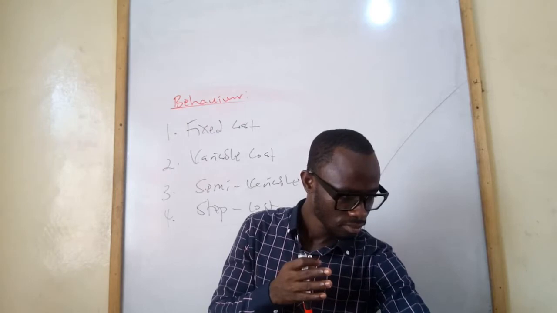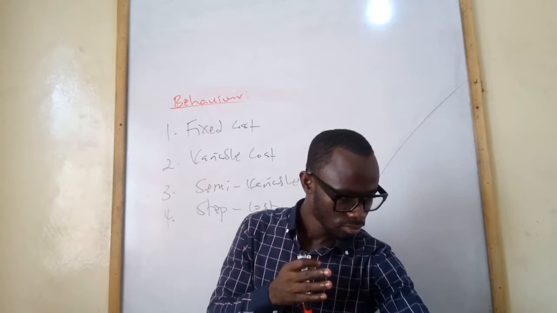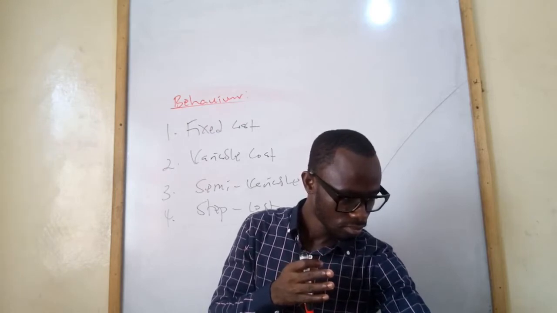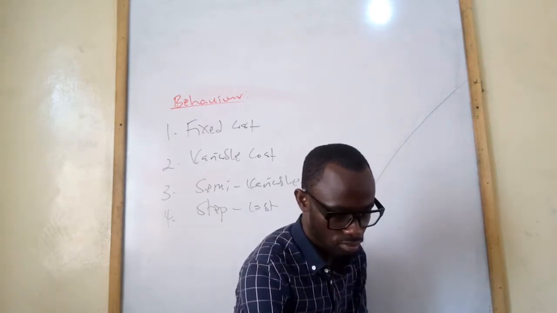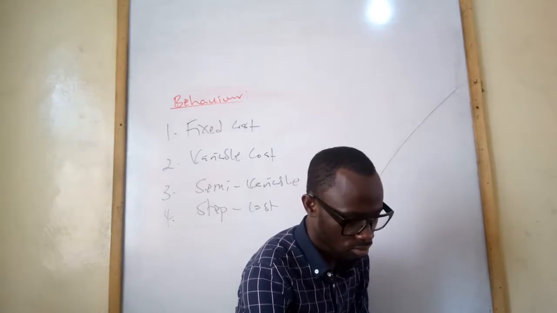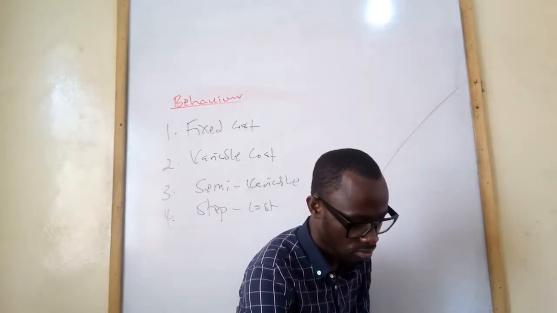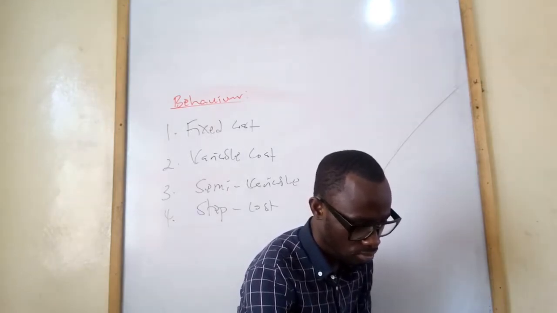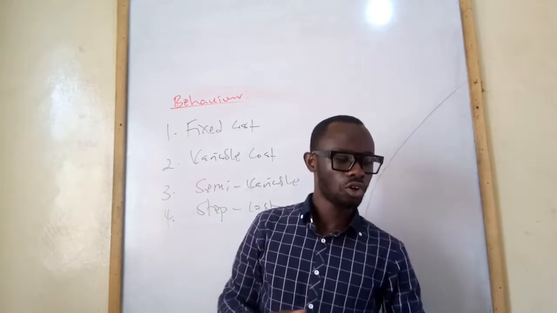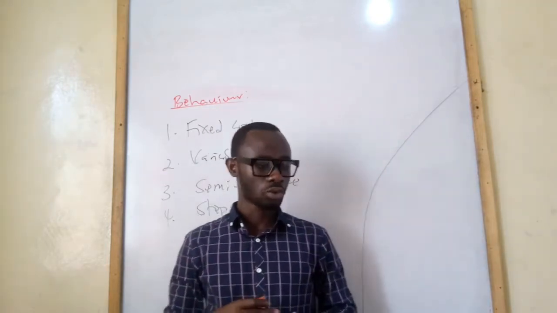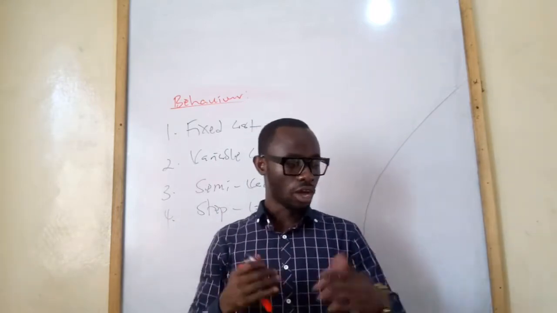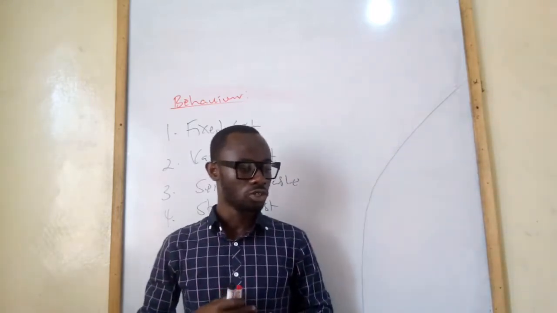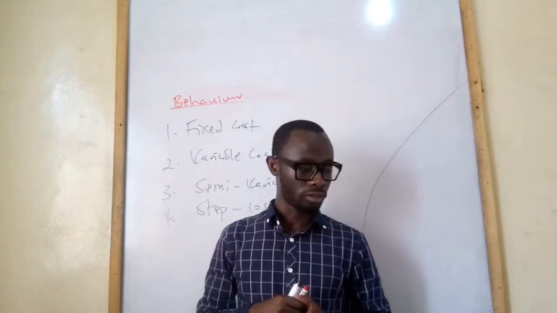In the handouts I provided, I think I'll have some examples of that. Right, so with semi-variable cost, what we are saying here is that it has a mixture of fixed and variable.